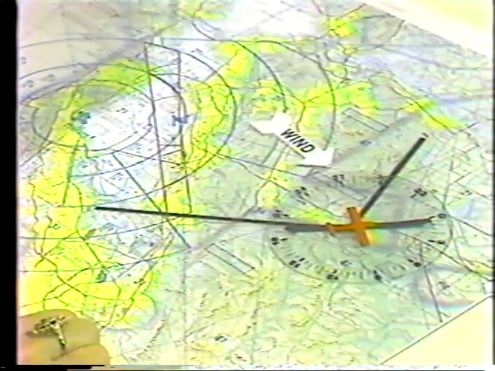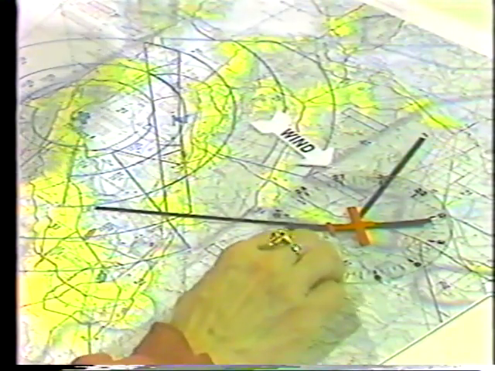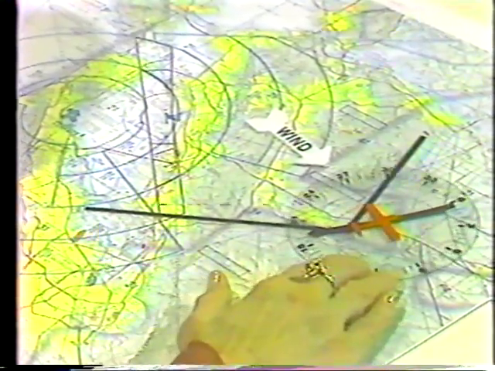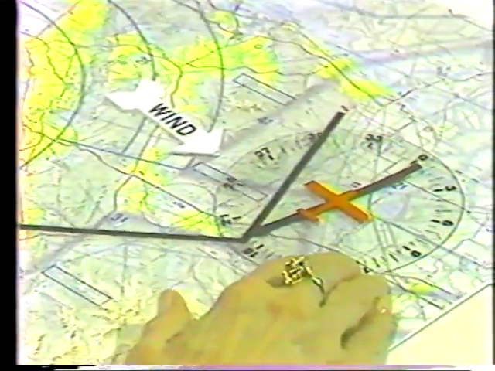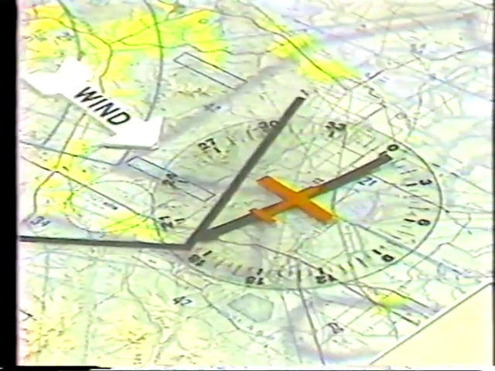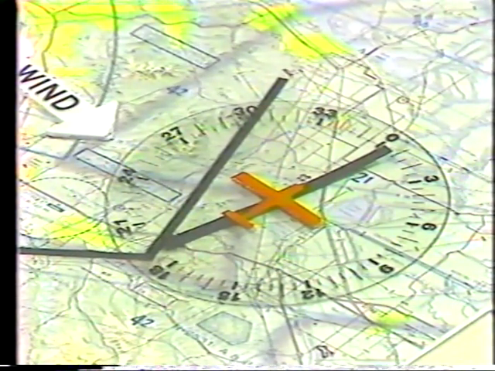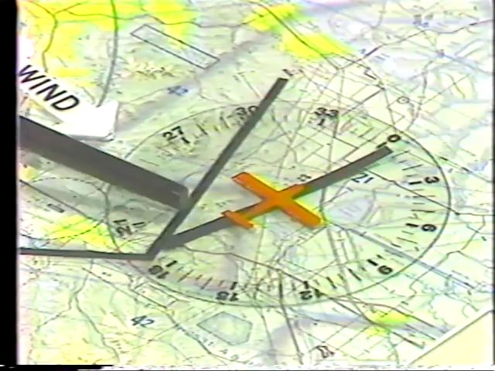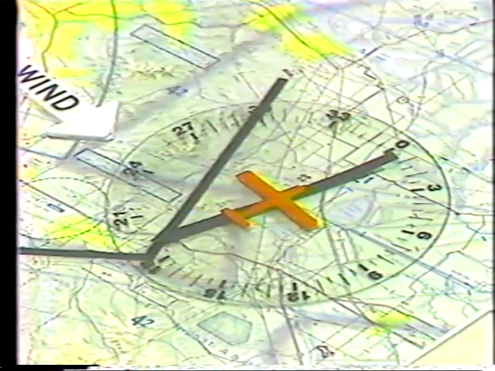We must track outbound because if there is any wind and we simply keep the bearing pointer on 180 degrees, we will never reach our destination. Our magnetic course from Riga to Antioch Field is 326 degrees. We will thus intercept and fly outbound on the Riga non-directional beacon's 326 degree bearing.